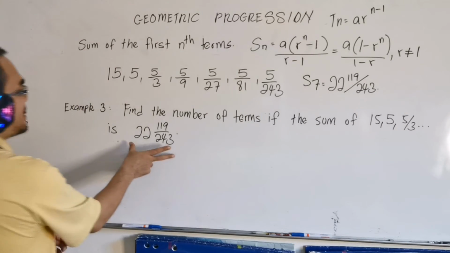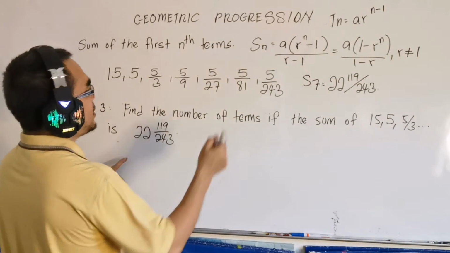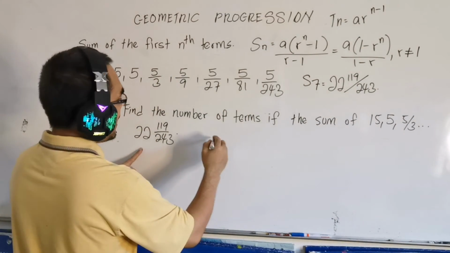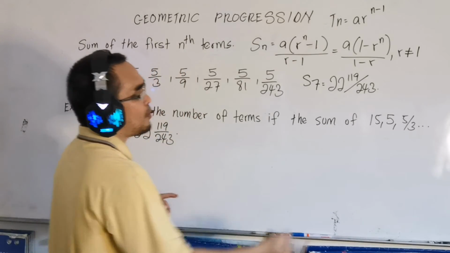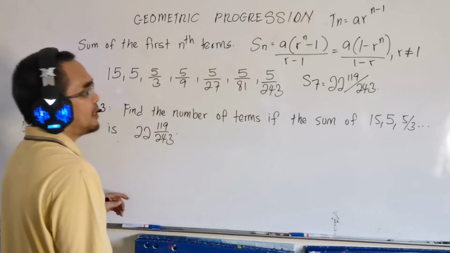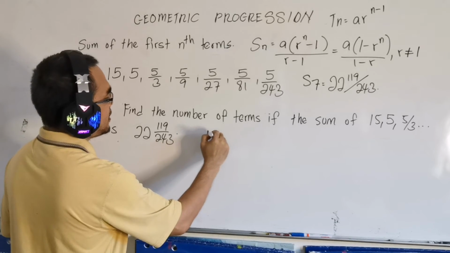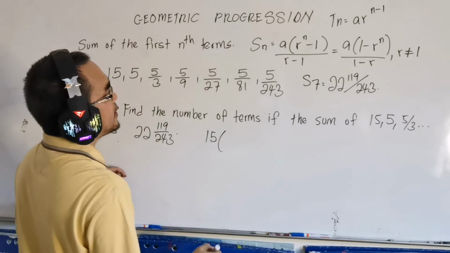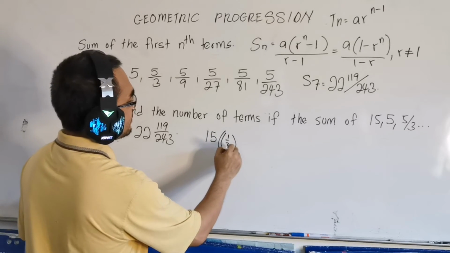Because this is the sum of the first n terms, we know A is 15 and R will be 5 over 15. So R is 1 over 3.